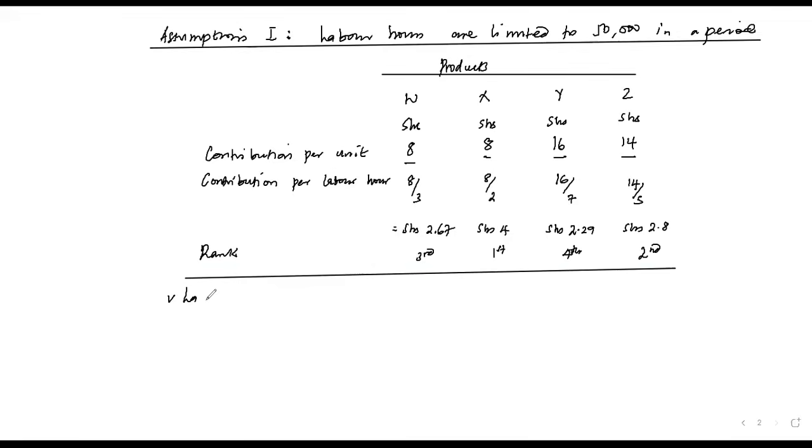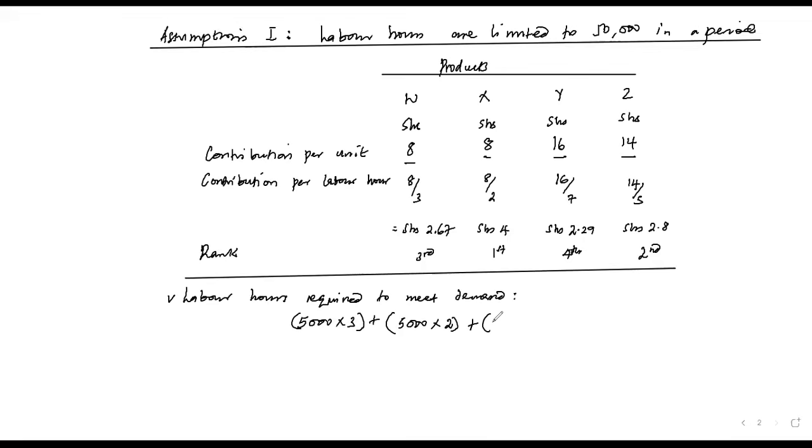Labor hours required to meet the demand. Remember, for each product, we have to produce 5,000 units. So for product W, we have to produce 5,000 units, and each unit of W needs 3 hours. Then X, we have to produce 5,000 because that's the demand, but each unit of X requires 2 hours.